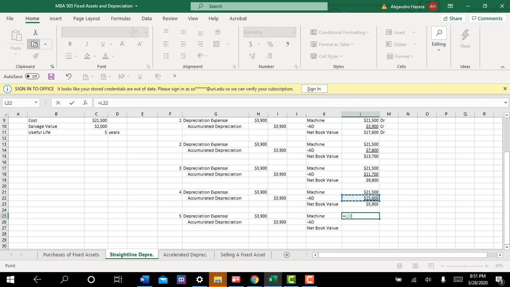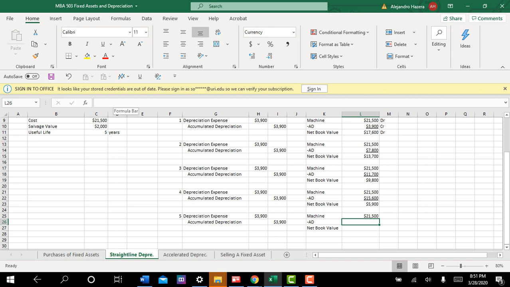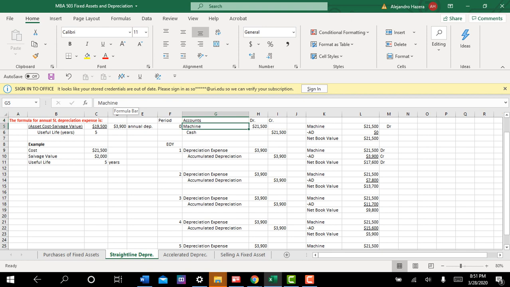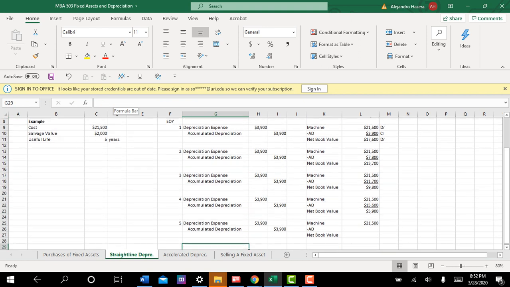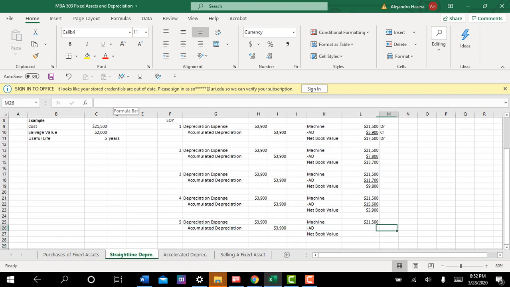Once again, the machine doesn't change. It's equal to the last year's machine because there's been no entries. We've had one debit to machine, and everything else is debit depreciation expense, credit accumulated depreciation. So the machine stays as a debit of 21,500.